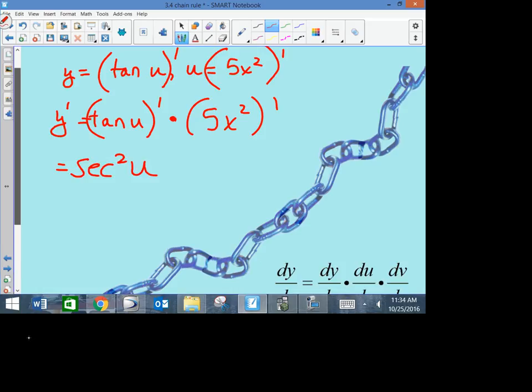Now, you have it memorized in terms of x, but you just have to adjust to make it u instead. Because if you put x in there, you're going to miss substituting u back in. All right, what's the derivative of 5x squared? 10x. All right. I'm going to put my 10x out front. I'm going to make this secant squared of u, where u I made up to be 5x squared. That's it. It's done. That's all you can do with it.